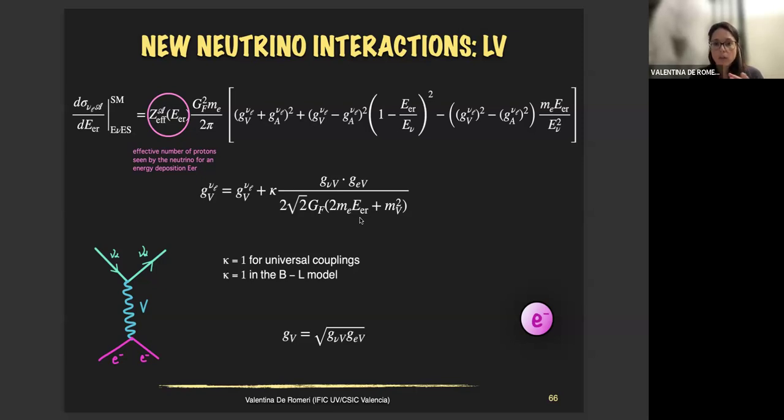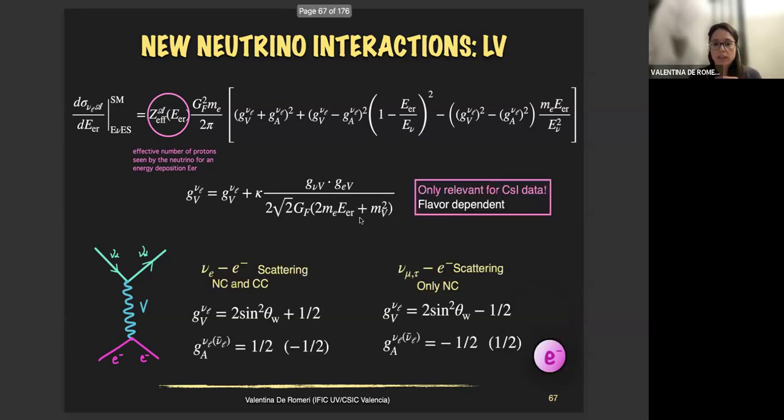So why do we consider this? Because for the cesium iodide data set of COHERENT, the detector is not capable of distinguishing nuclear from electron recoils. And so we had to include these elastic neutrino-electron scattering events, because they could induce a signal that could be confused with the CEvNS one.